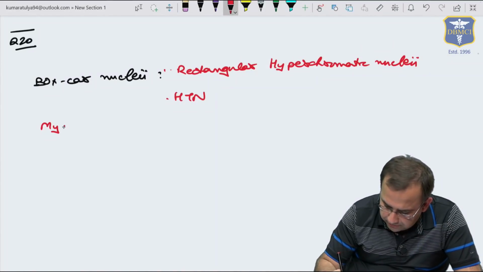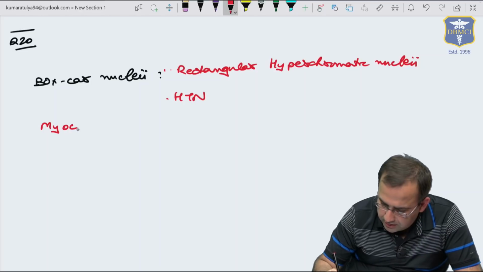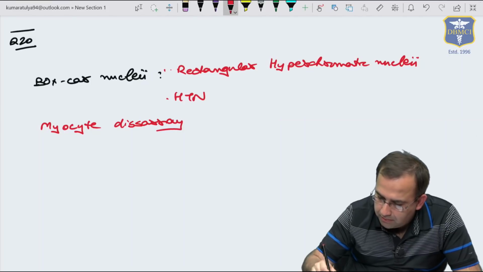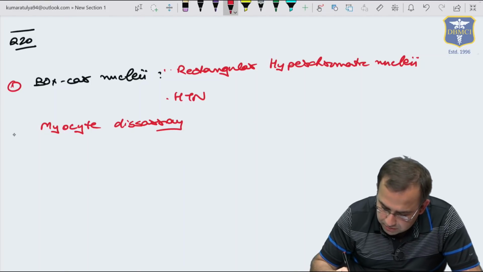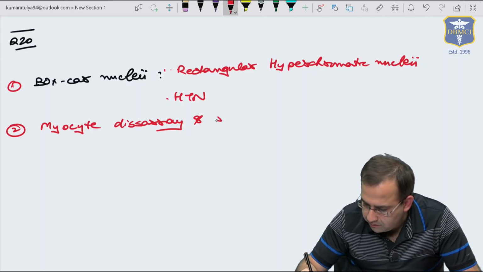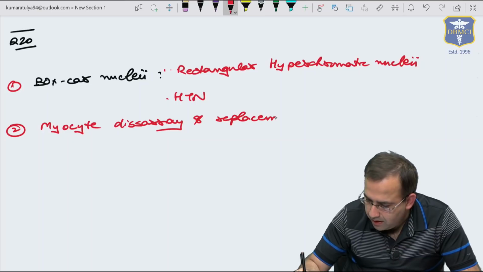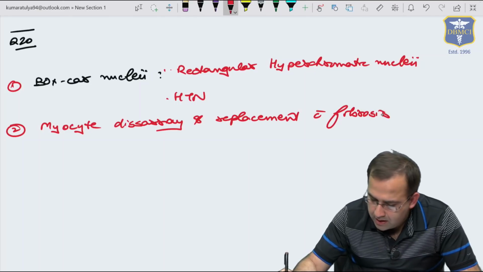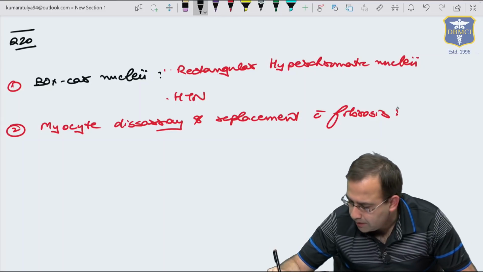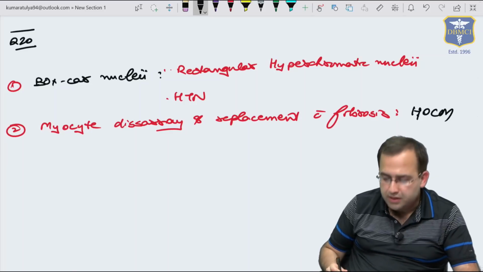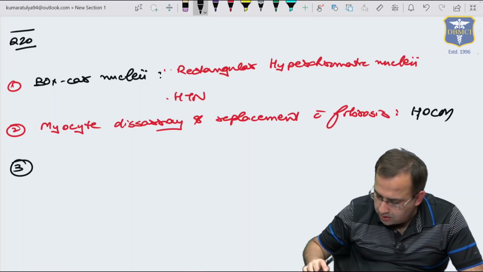Myocyte disarray and replacement with fibrosis is a feature of hypertrophic cardiomyopathy, HOCM.